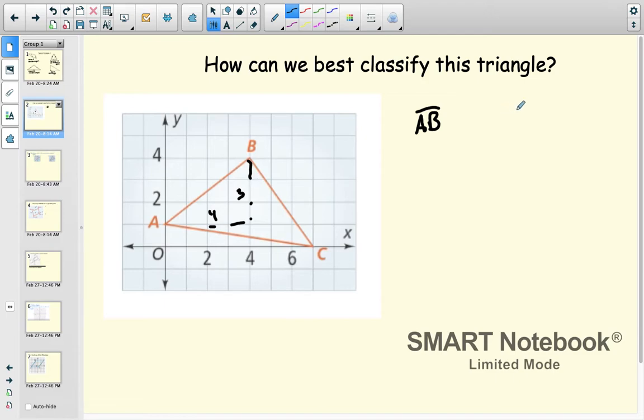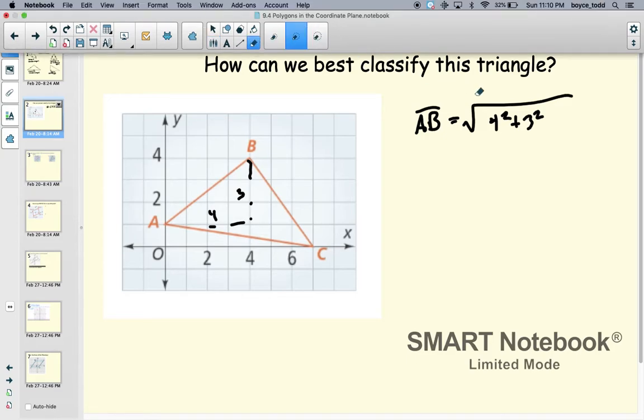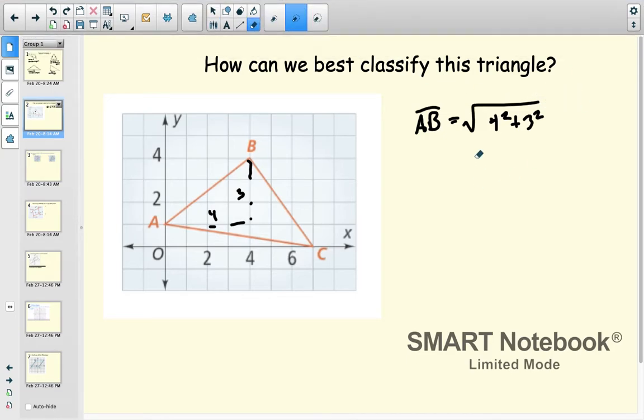We put a square root here: 4 squared plus 3 squared, which gives the square root of 16 plus 9, which is equal to the square root of 25, also known as 5.